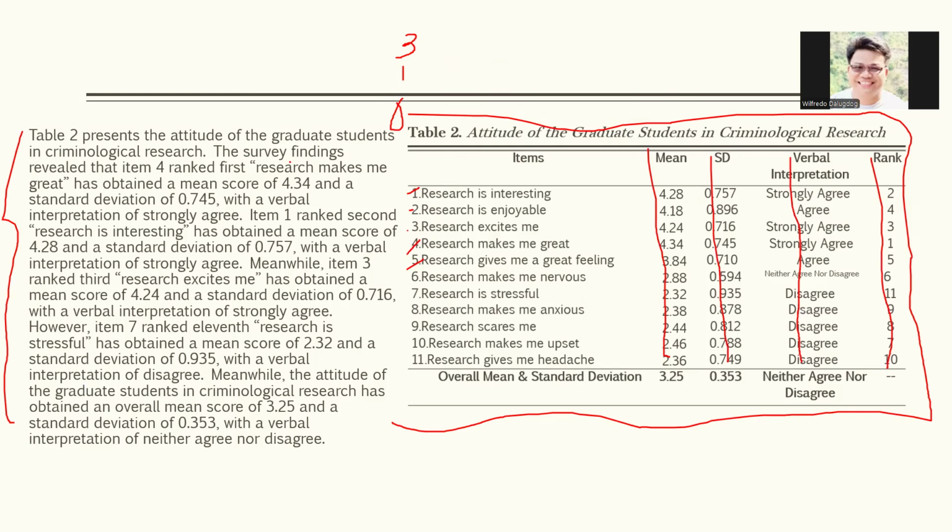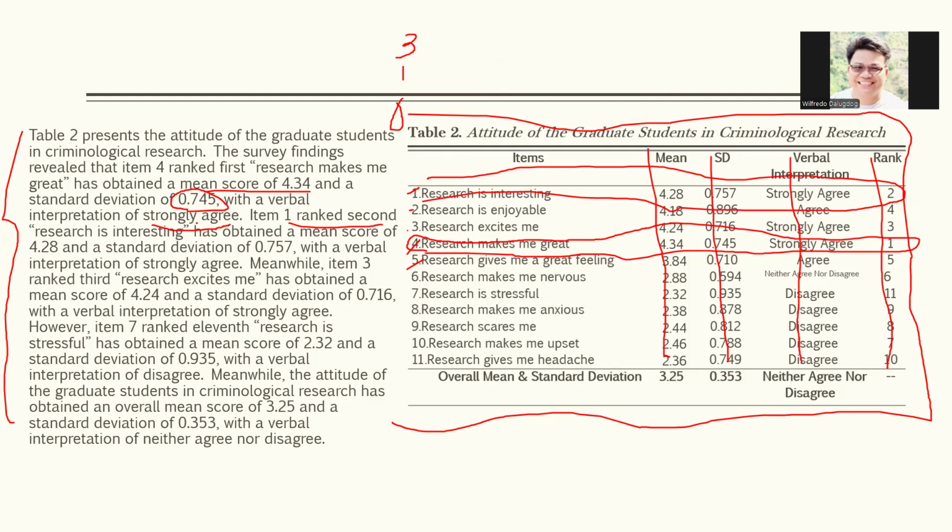The survey findings revealed that item 4 ranked first, meaning item 4 got the highest mean score, with a mean score of 4.34 and a standard deviation of 0.745 with a verbal interpretation of strongly agree. Item 1 ranked second. That is this one.